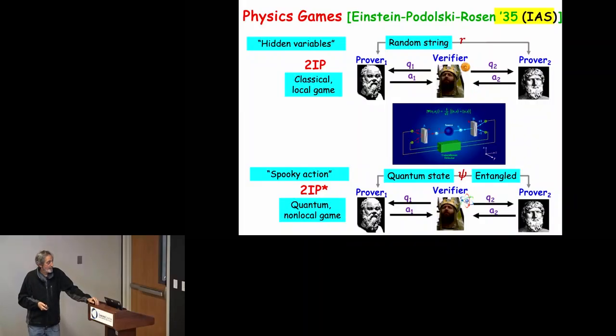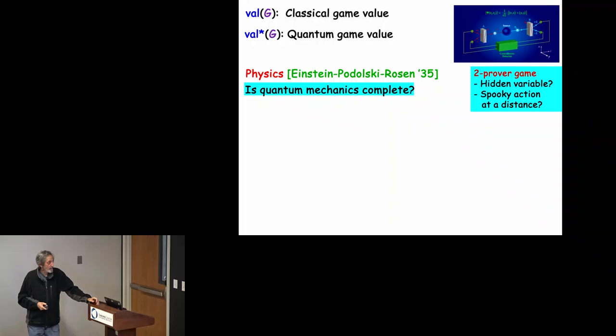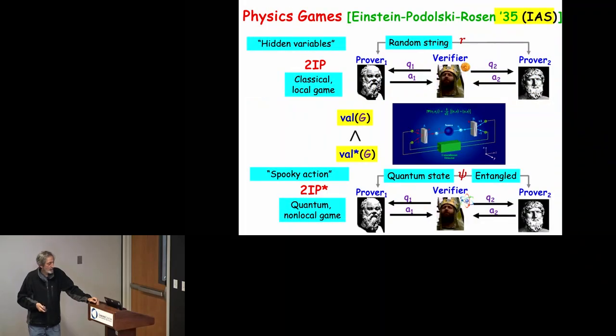And what they were able to do is to show that indeed the probability that quantum provers can convince quantum verifiers can be higher in some games than the classical value.